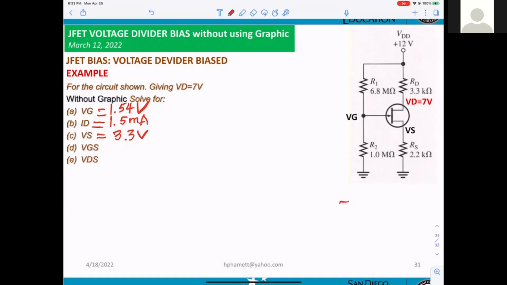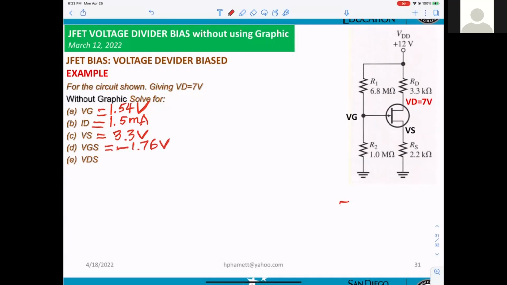Yeah, 3.3 volts. Okay, perfect. And then VGS. Negative 1.76. Oh no, negative 1.76 volt. That's right. Sounds good.